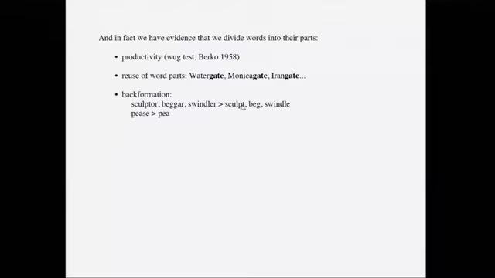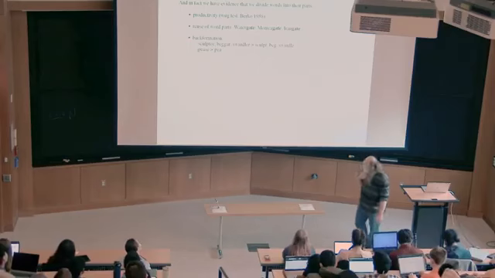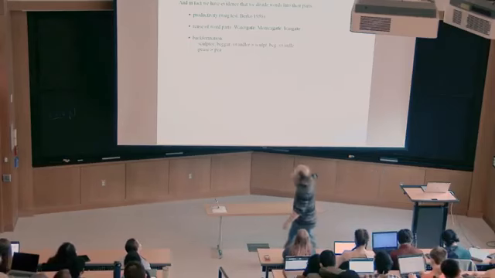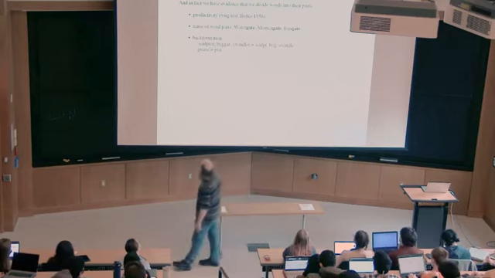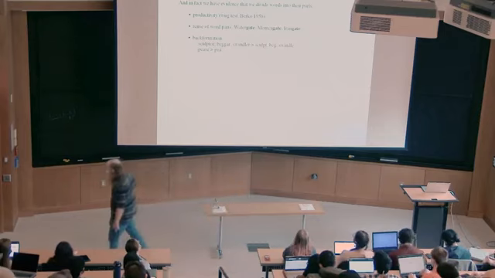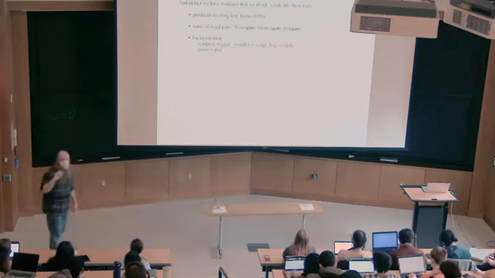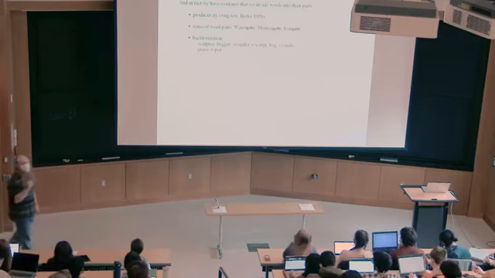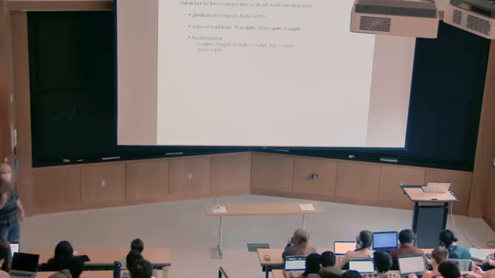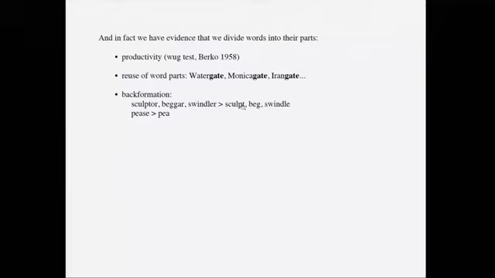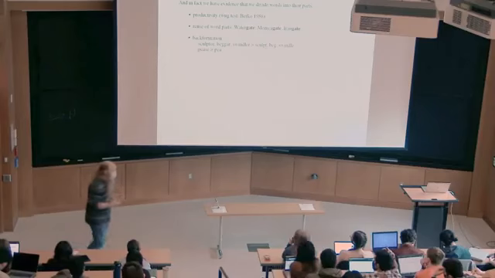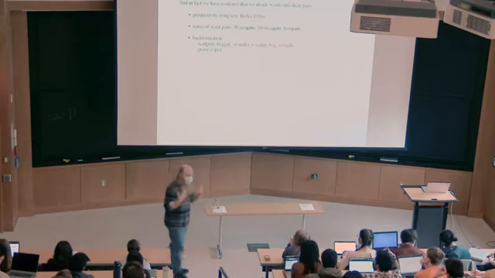Yeah. Other examples in the history of English, there are words like sculptor and beggar and swindler, which entered the language as nouns. So sculptor is from a Latin verb. It involves a Latin suffix tor, which is used to create people who do things. And beggar and swindler, similarly, it's an accident that they end in -er.